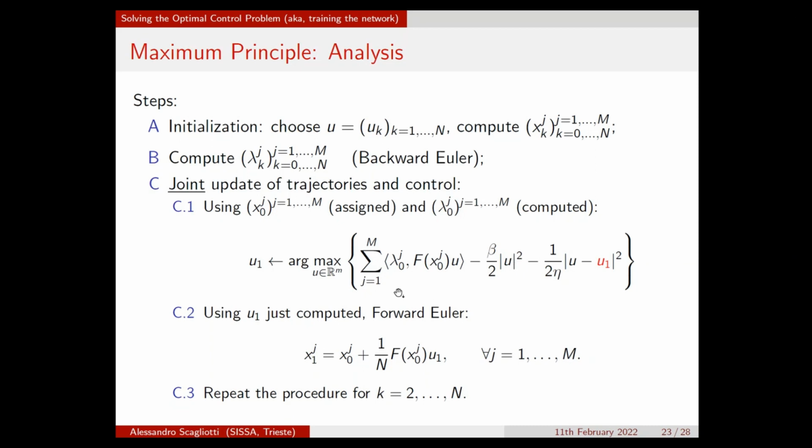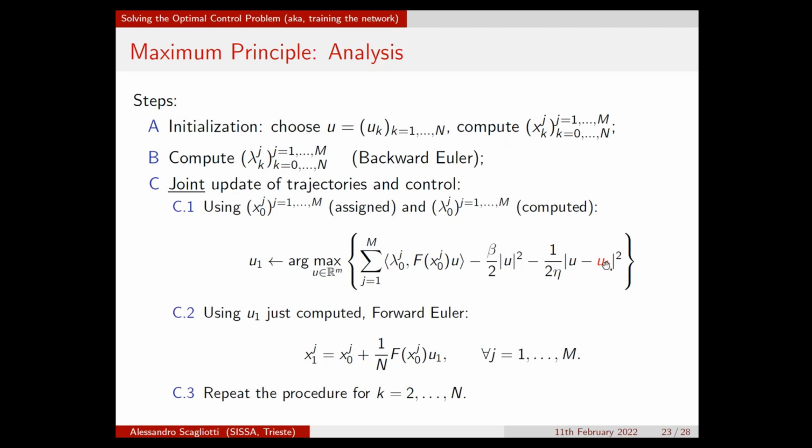Let's look at the Hamiltonian without the very last term. In order to maximize this, I can take the gradient and perform an explicit Euler update. The second approach is to add this very last term and maximize it. That is equivalent to an implicit Euler discretization of the gradient flow equation.